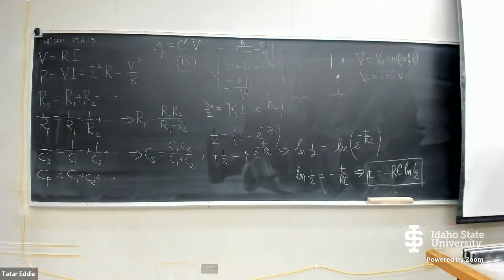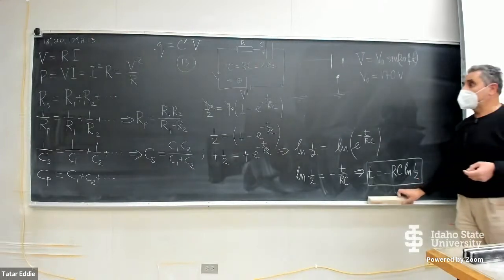Now, you know that some appliances in your house are connected to 240, a potential difference of 240. Like the dryer, for example, is usually at 240. So how do they work?